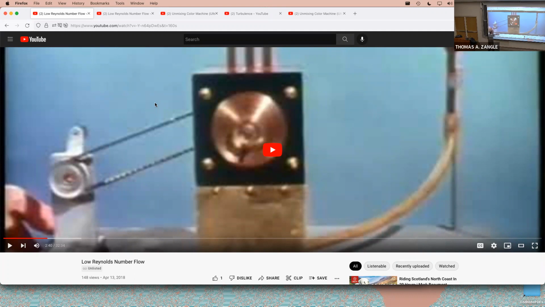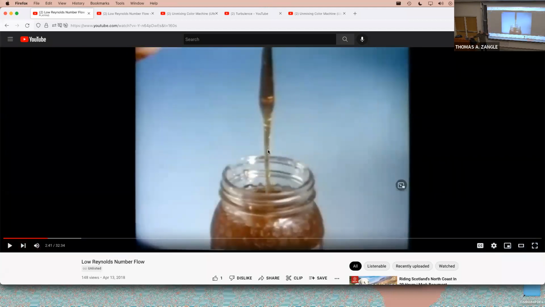But before we get there, this is a whole video on low Reynolds number flow. Again, it's longer than we have time to watch entirely in class, but I encourage you to watch the rest of it. We're going to see a demonstration of dropping liquid into a tank. This is an example of dropping honey into a honey jar.